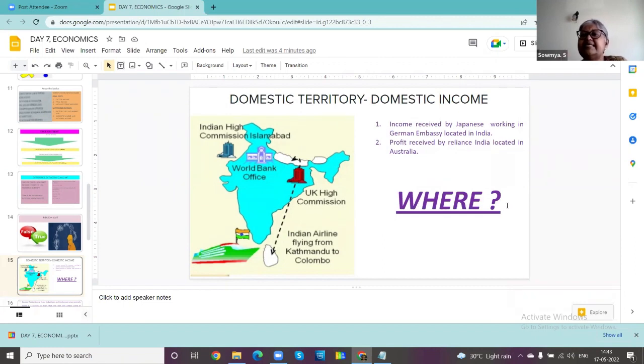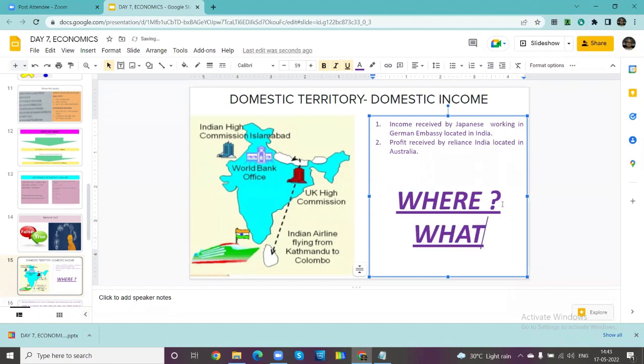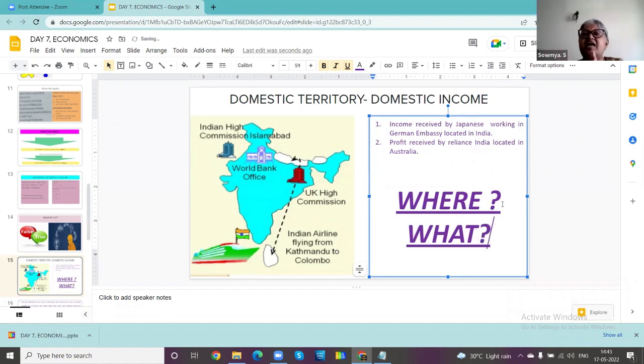So it is not only where, but also we'll have to tell them what. The textbooks always give us only where. So children say, it's in India, ma'am. That's not the only thing. Where and what. I always tell them where and what. Not every time will where alone give you the answer.